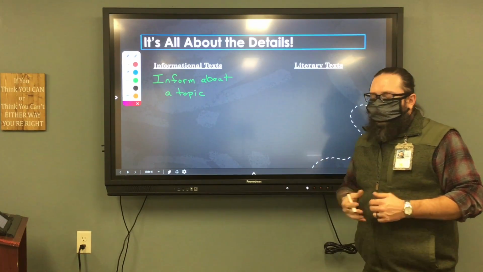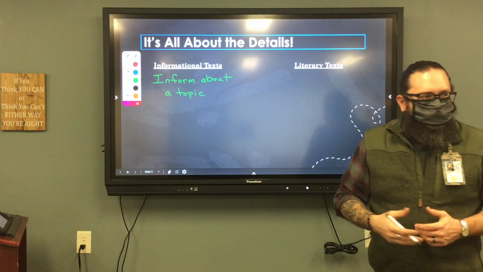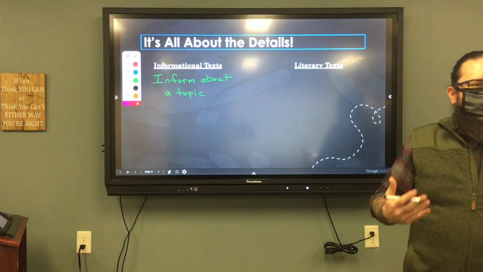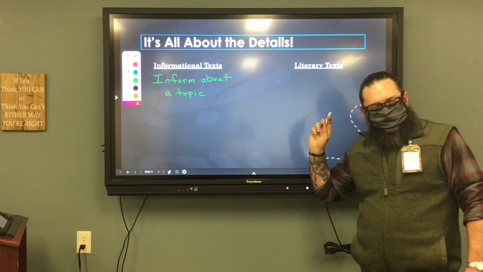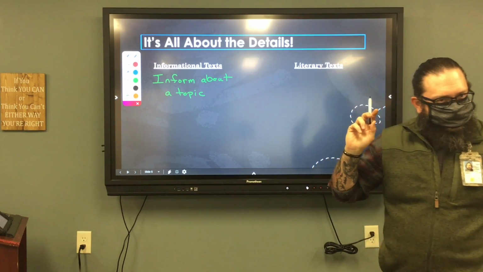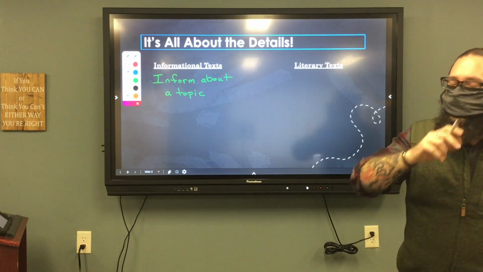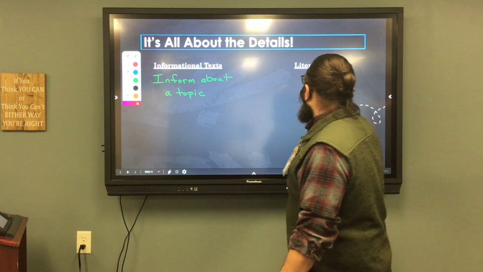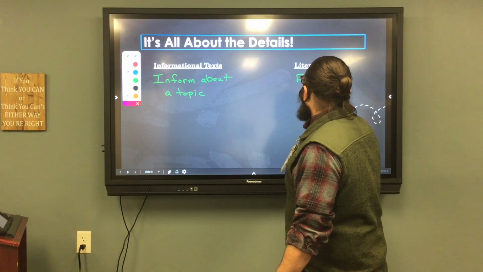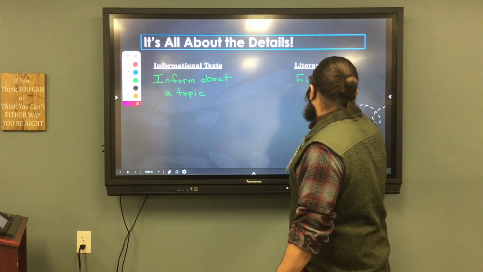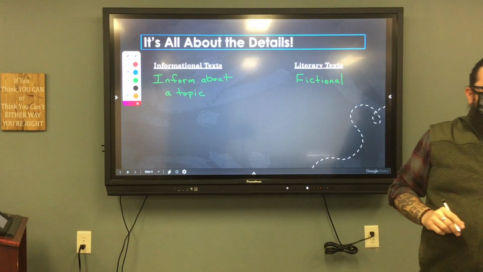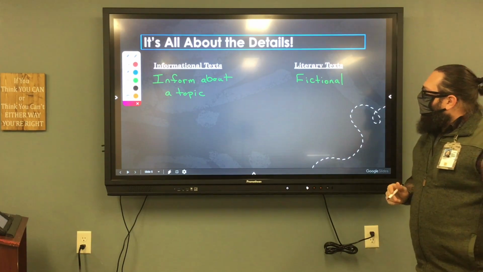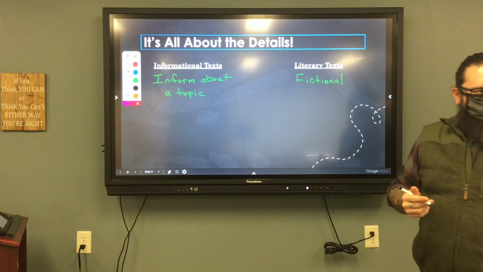The other form of text that we typically work with is what is known as a literary text. What kind of books would be an example of a literary text? Fictional? Yes. Literary texts are going to be fictional, the ones that are made up.